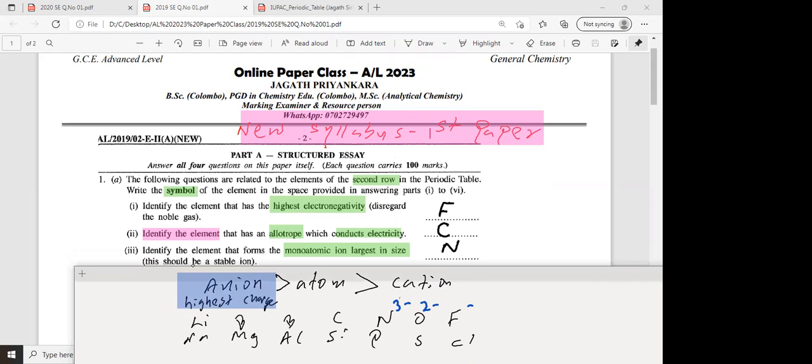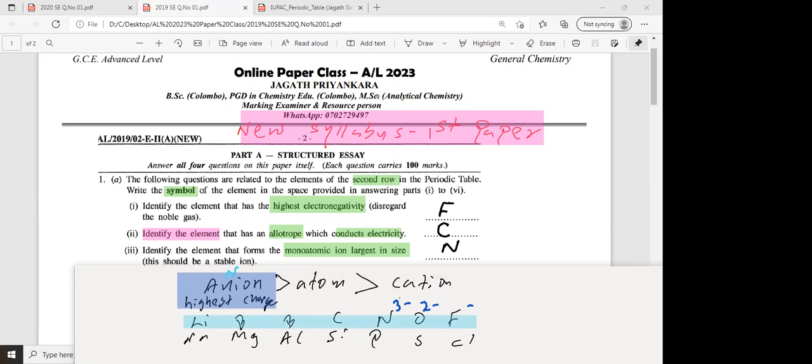Okay, anyway, they have given the second row. Second row means you have to select from lithium to fluorine. Therefore N3 minus will be the largest anion.